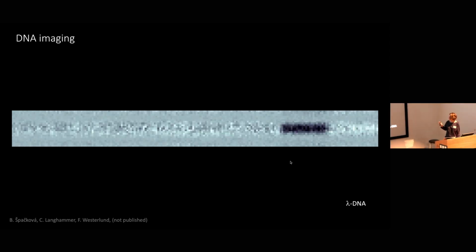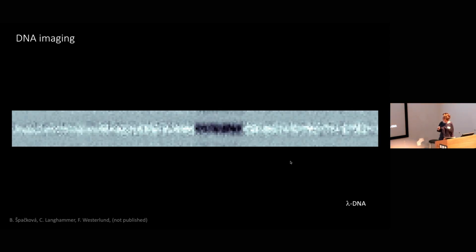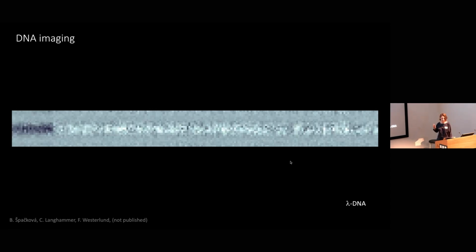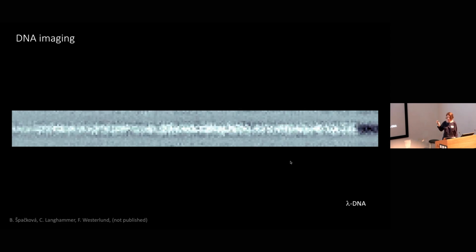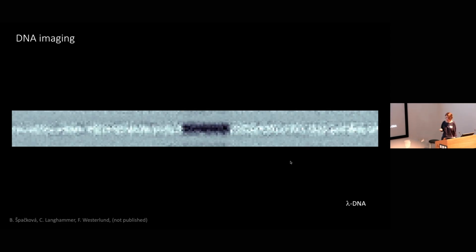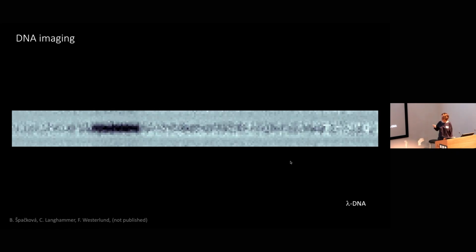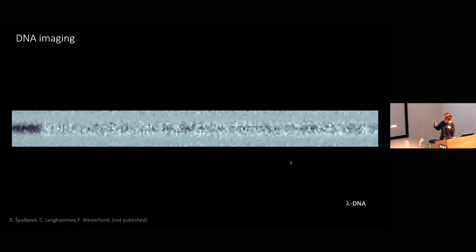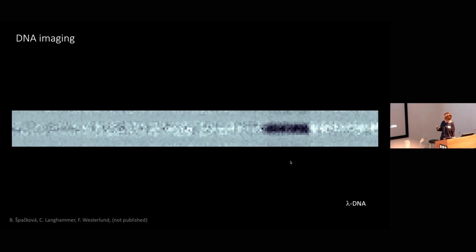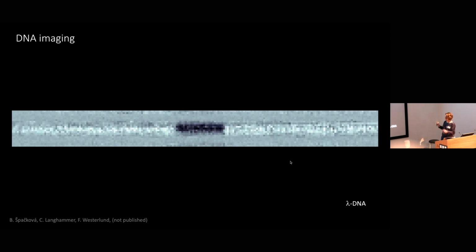And so far, I've been talking about proteins, but the imaging principle is not limited only to proteins. This is an example of another analyte that we successfully imaged, and that's lambda DNA. In this case, the lambda DNA is not diffusing, but it's pushed through the nanochannel because of the applied pressure drop.